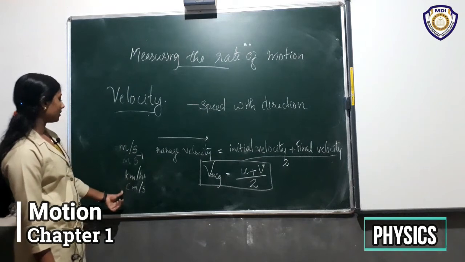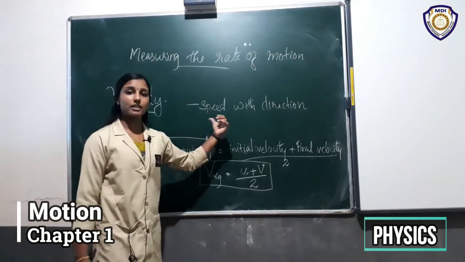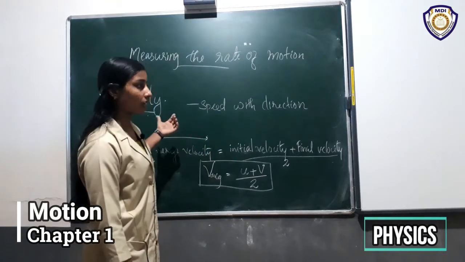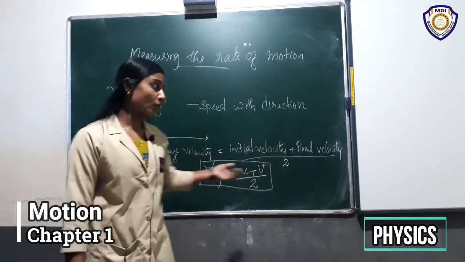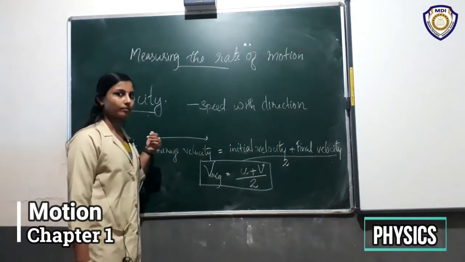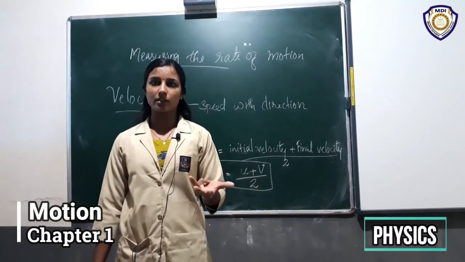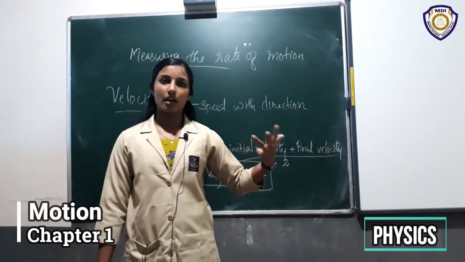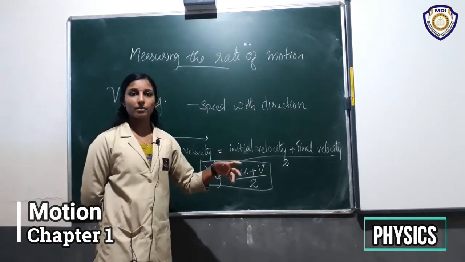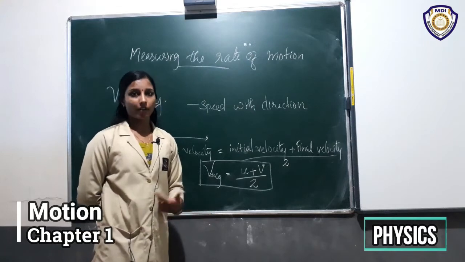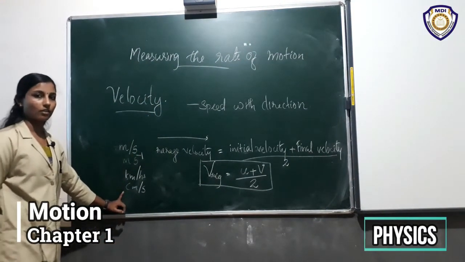These changes in units arise because we measure distance and displacement. We can measure distance in kilometers, or in centimeters, right? And time can be measured in seconds or hours, so that is why the units are changing, okay?